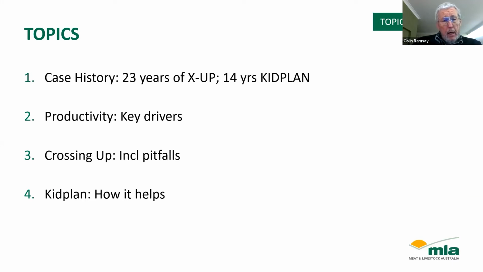It's basically applying KidPlan to your selection, which is basically a crossing up process, and that's what a lot of people are setting out on now. So I want to tell you what we learned about crossing up. And through the whole of that process, KidPlan was fundamental to the evolution of the whole business, so I'll touch on how that helps.